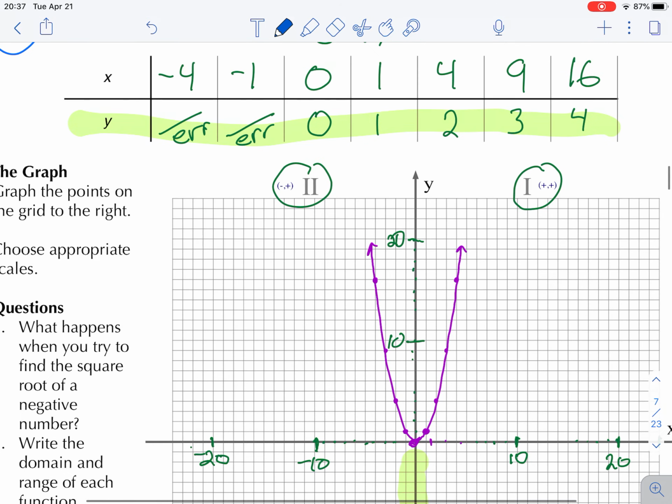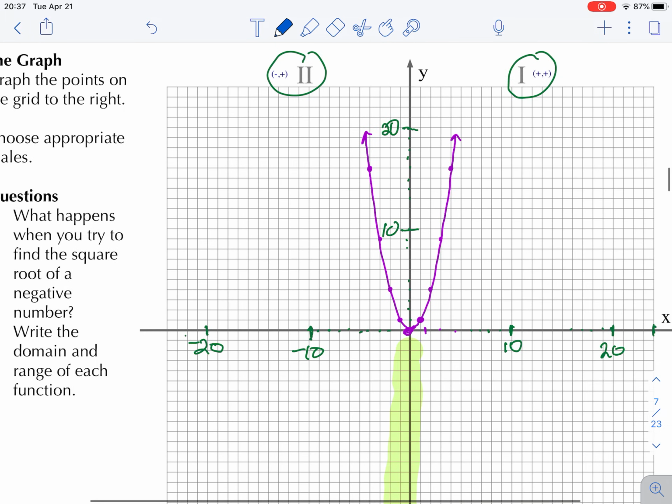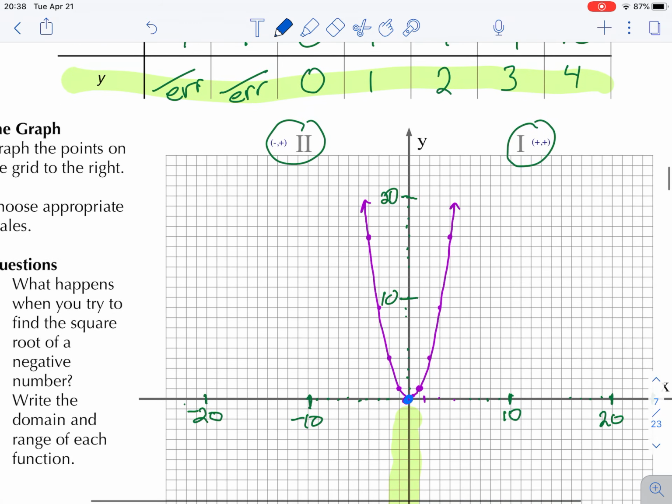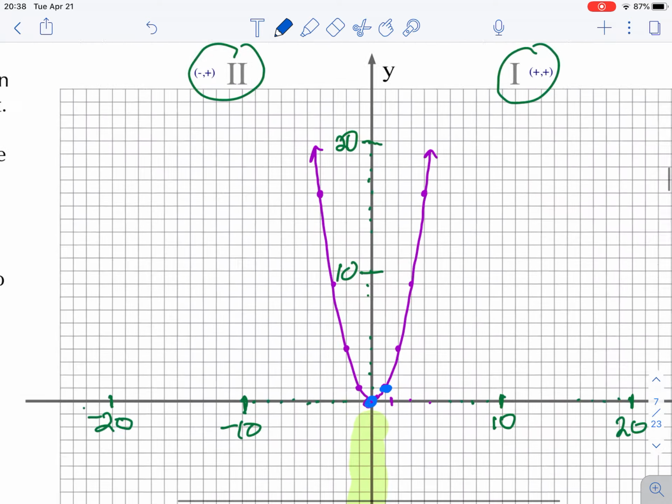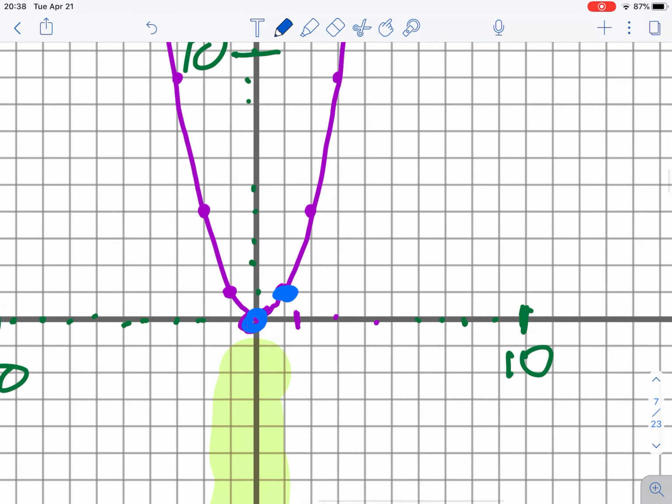All right, let's choose a different color for part 2, the square root. Well, we don't have to do anything out on the negative sides because there's nothing there. But it goes through 0, 0, same as the other one, same as our perfect square. It also goes through 1, 1.